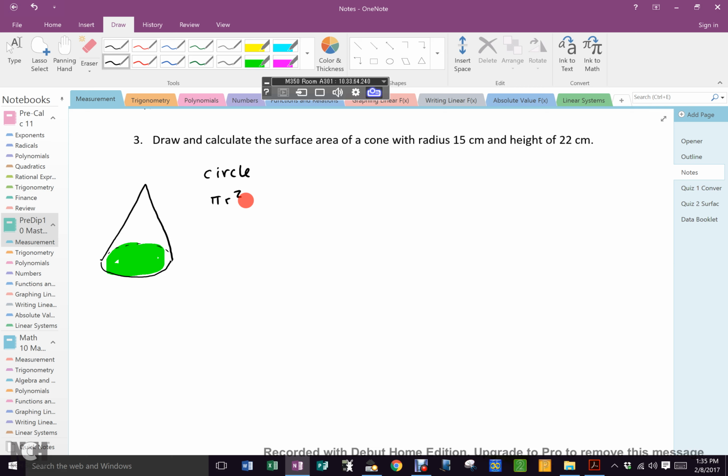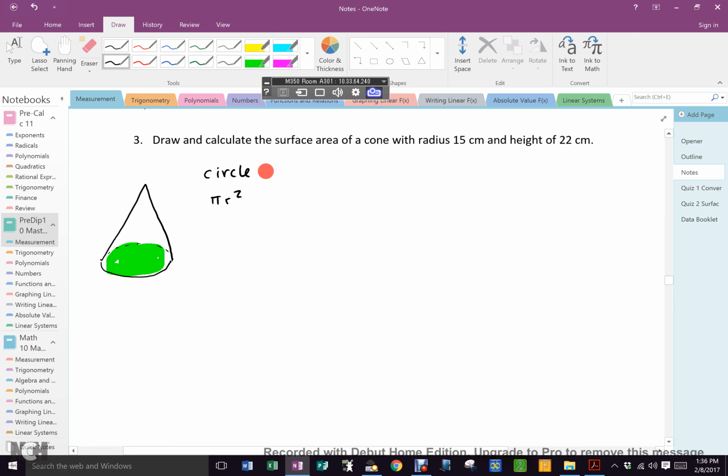Now here's where it gets tricky. In a circle, it's pi r squared, isn't it? Okay. You guys are smart kids. Once I tip this up, that r becomes the side, doesn't it? Right?